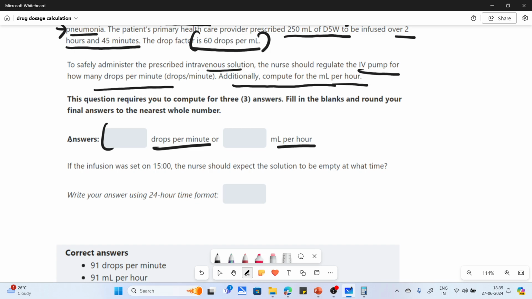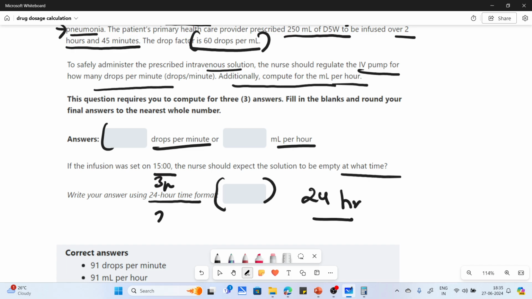And also there is one more question: if the infusion is set at 15:00, means 3 o'clock, the nurse should expect the solution to finish at what time. Write your answer using 24-hour format. They have already mentioned 2 hours plus 45 minutes.